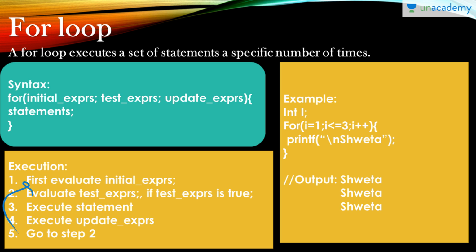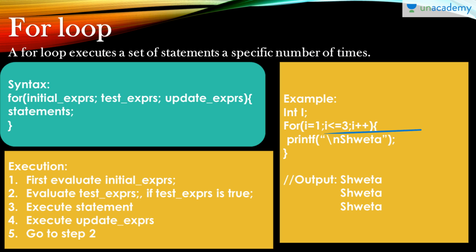So now we see this with the help of this example. Int I, for I is equal to 1, I less than equal to 3, I plus plus. We have initialized it, then tested the condition, then updated also in a single line. And all these three parts are written with semicolons between them.